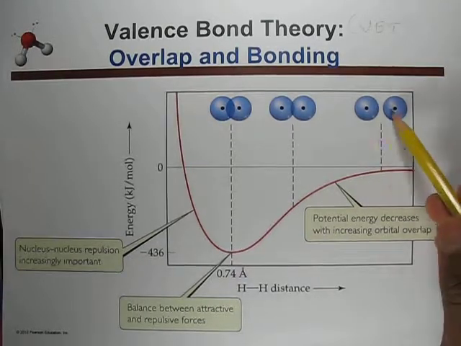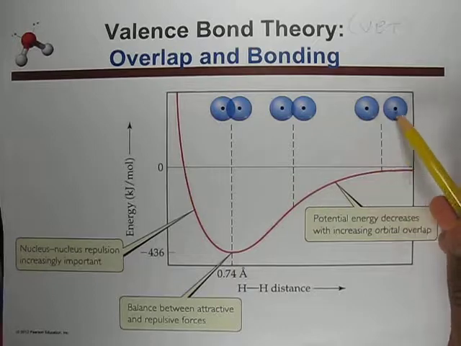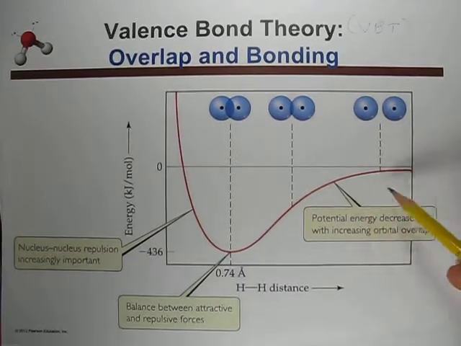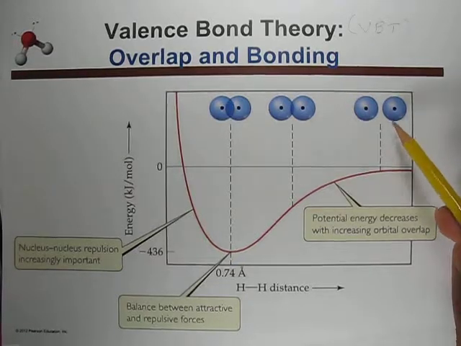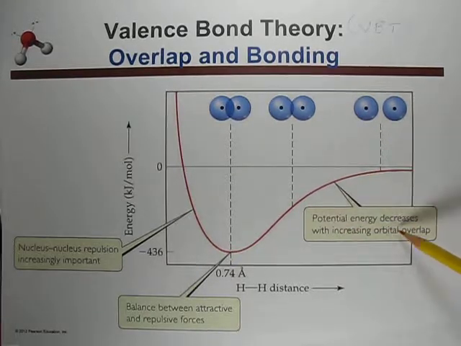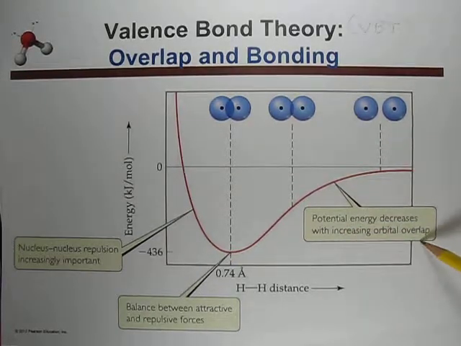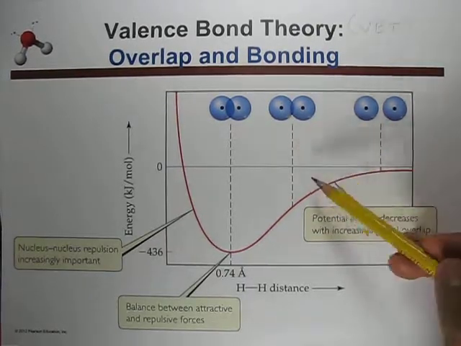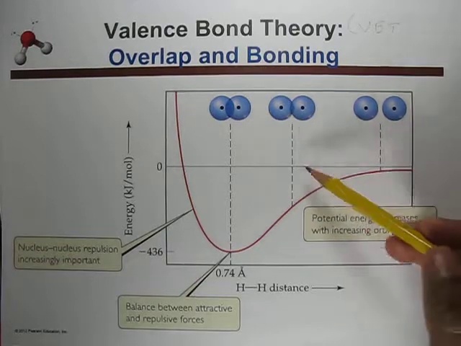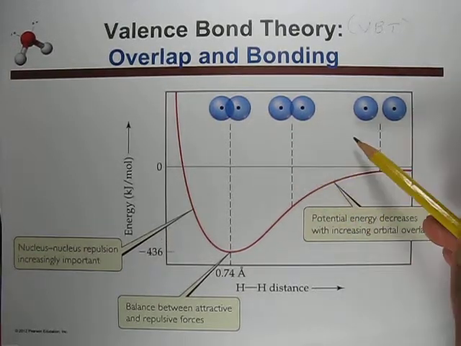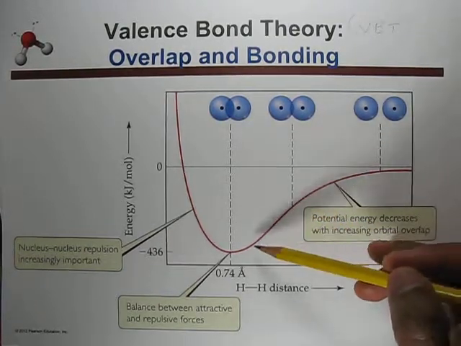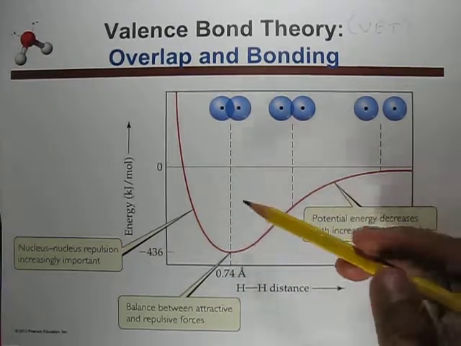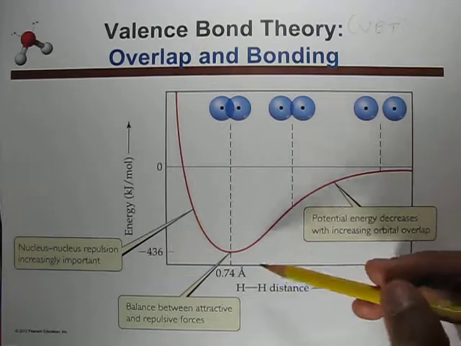When the two orbitals come closer together, potential energy decreases with increasing orbital overlap. Once they start overlapping, you can see the energy decreasing, and at a certain point they reach the minimum energy and form a very stable bond.